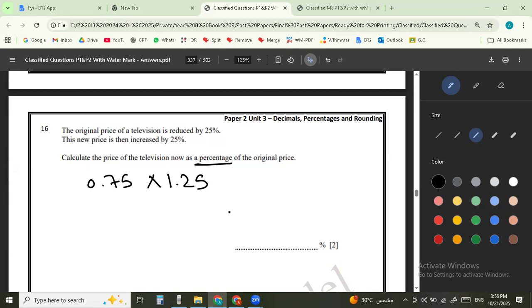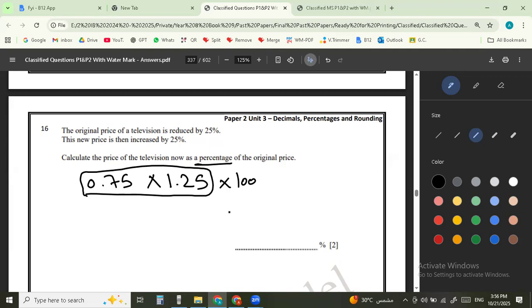Mr. Ahmed said if they want a percentage, you must multiply at the end by 100. So this only will give you the multiplier for the compound percentages. Excellent, but the multiplier, we're used to having it as a decimal. They want it as a percentage. Multiply by 100, it will get it back to percentage.